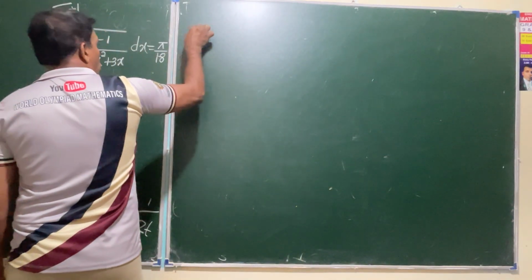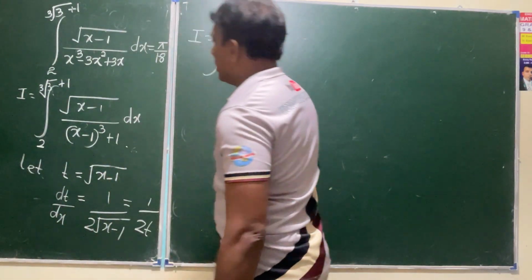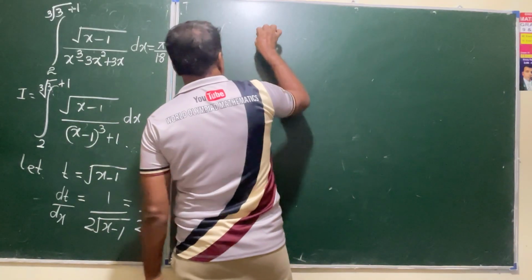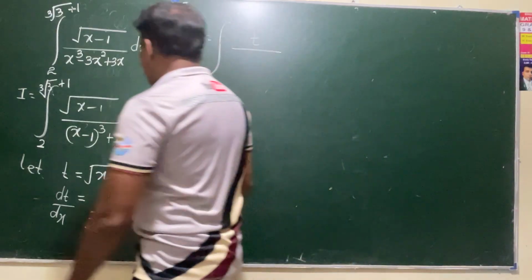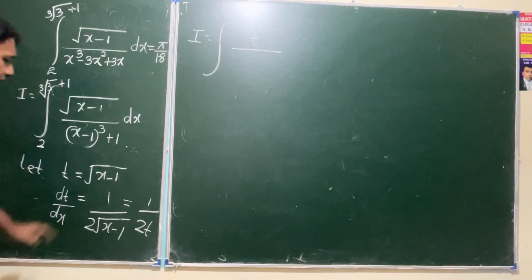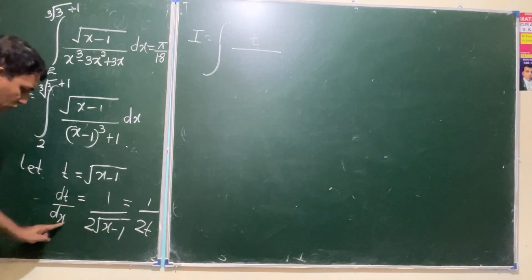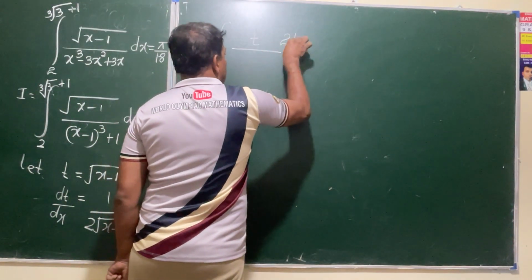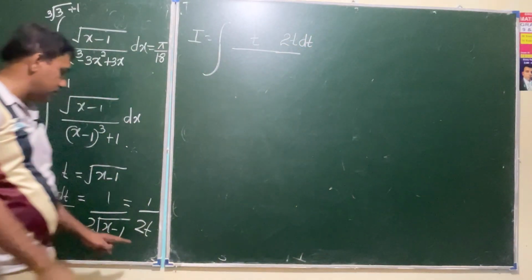Therefore, I equals the integral of the square root of x minus 1, which is t, over x minus 1 cubed, and we write the dx also, which is 2t dt.